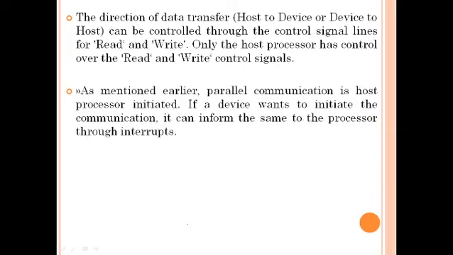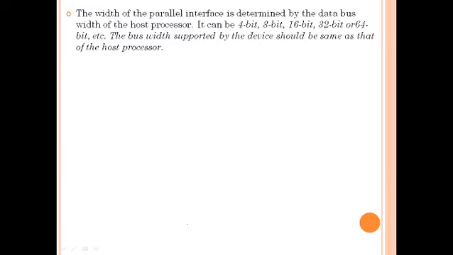As mentioned earlier, parallel communication is host processor initiated. If a device wants to initiate communication, it can inform the processor through interrupts. The width of the parallel interface is determined by the data bus.